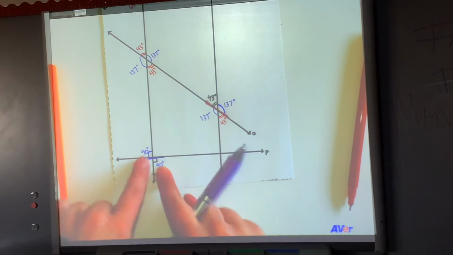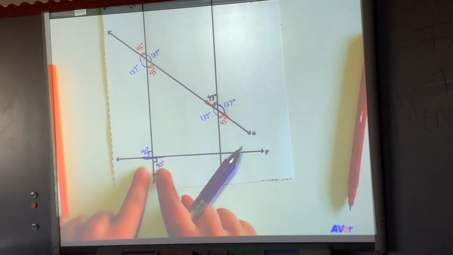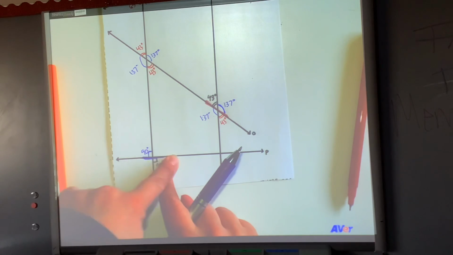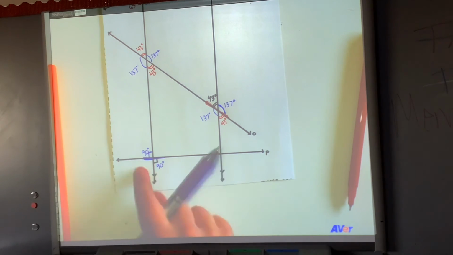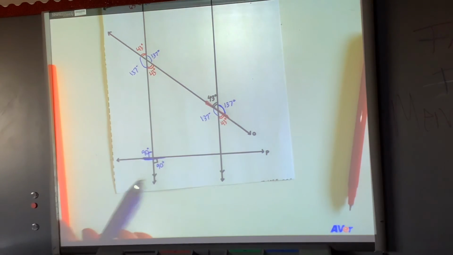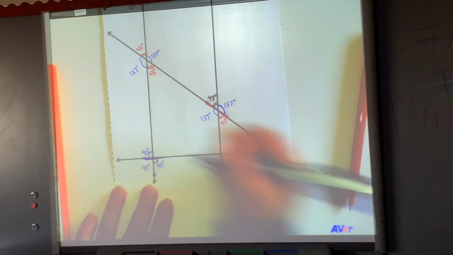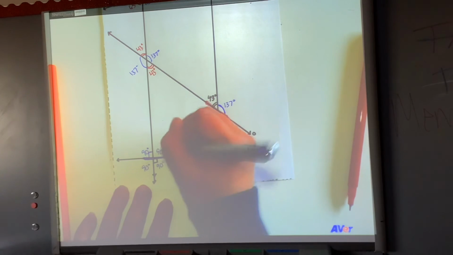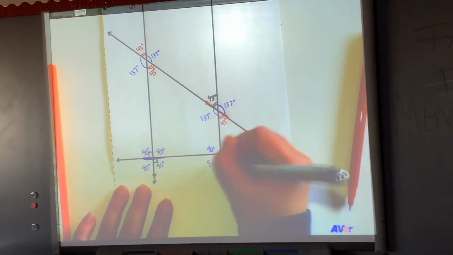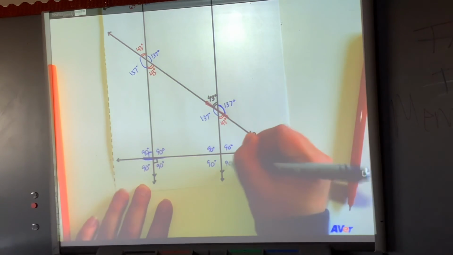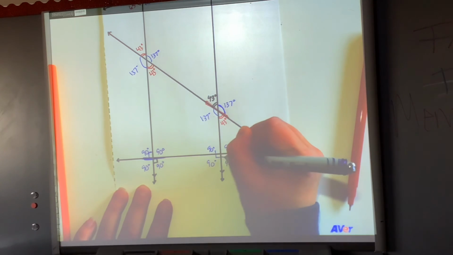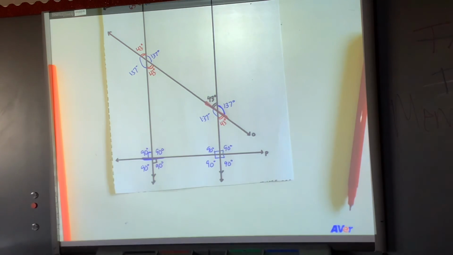This is supposed to add up to 180 because they're along the same line. 90 plus 90 is 180. I know that because 180 minus 90 is 90. So if this angle is 90, then this angle is 90, then this angle is 90, and the rest are 90 too. All of this makes perfect little right angles. All of it. And that is how you work with transversals.